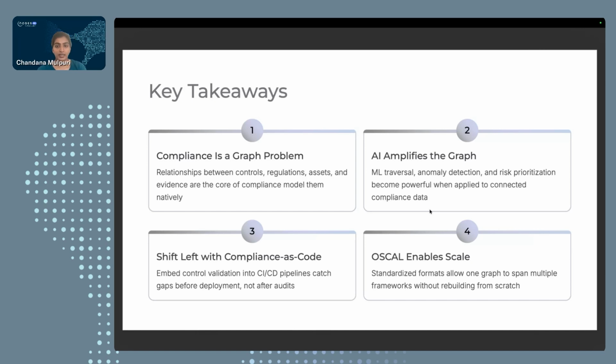AI amplifies the graph, where machine learning traversal, anomaly detection, and risk prioritization become powerful when applied to connected compliance data. Shift left with compliance as code, which embeds control validation into the CI/CD pipelines to catch gaps before deployment, not after the audits. And OSCAL enables scaling: standardized formats allow one graph to span multiple frameworks without rebuilding from scratch.